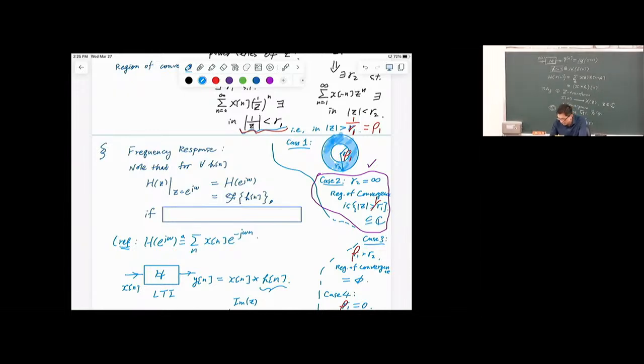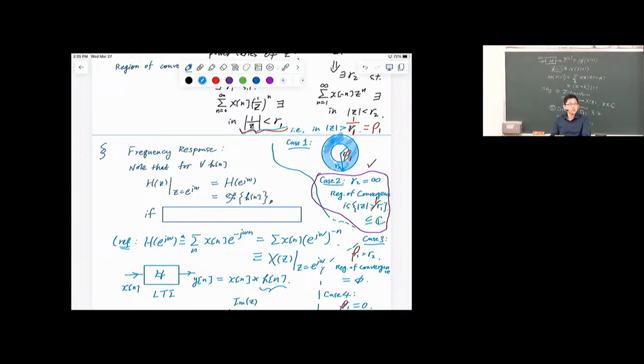And this is exactly the summation of x of n e to the j omega to the minus n right there. And that's exactly X of z when evaluated right at e to the j omega, right on the unit circle.